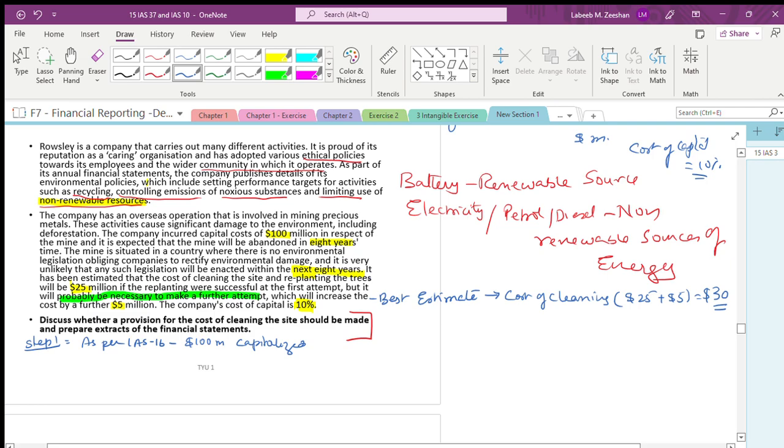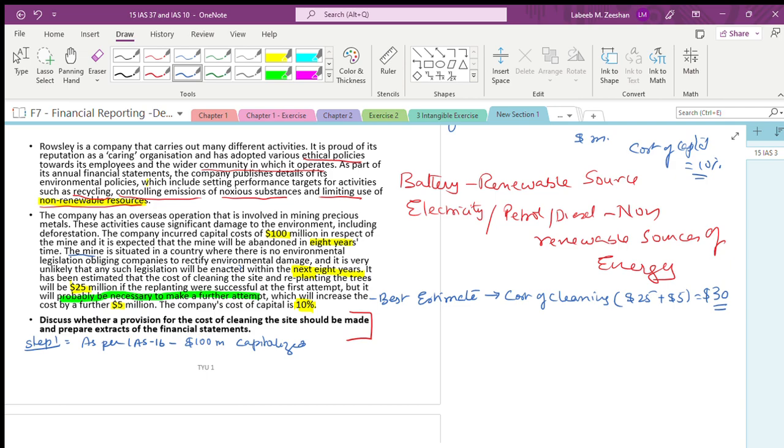The mine is situated in a country where there is no environmental legislation obliging companies to rectify environmental damage, and it is very unlikely that such legislation will be enacted within the next 8 years. It has been estimated that the cost of cleaning the site and replanting the trees will be 25 million if the replanting was successful at the first attempt.